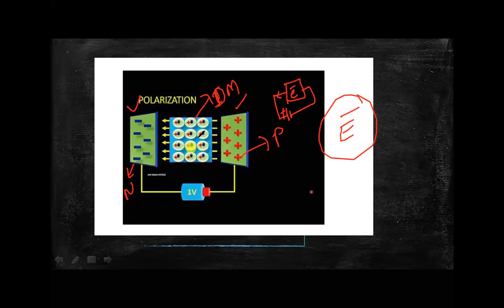In dielectric materials you have positive and negative ions. The flow should start from the positive terminal to the negative terminal. This is the dielectric material. Within the dielectric material, the direction should go from the positive side to the negative side. Is it clear?